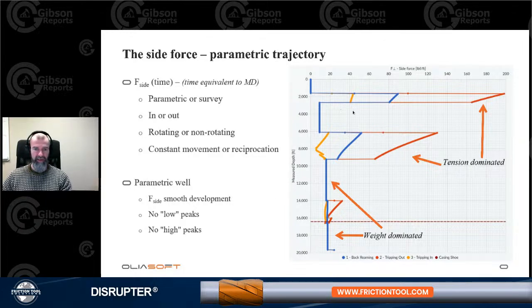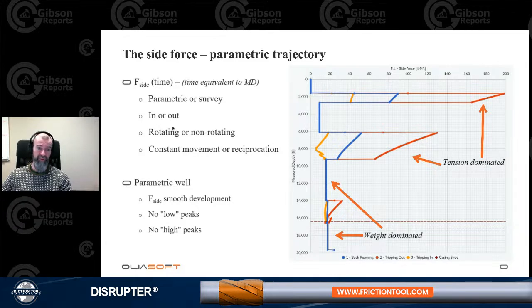If you're rotating, you'll jump between the yellow one and the blue one. If you're not rotating, just moving up and down, you'll have side forces going from 40 pounds per feet up to close to 200. So it has a huge impact what you are actually doing.